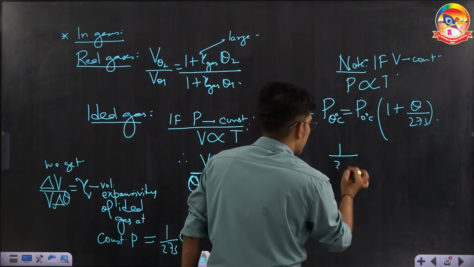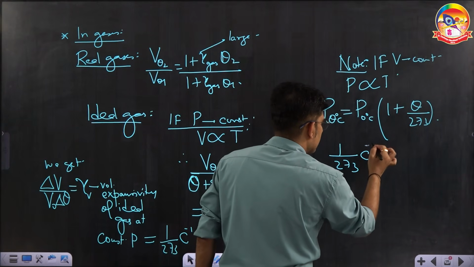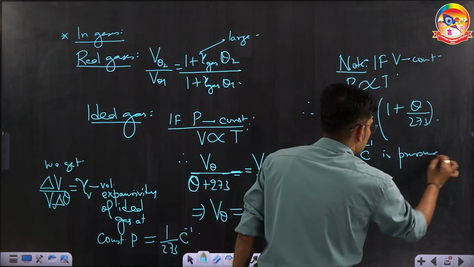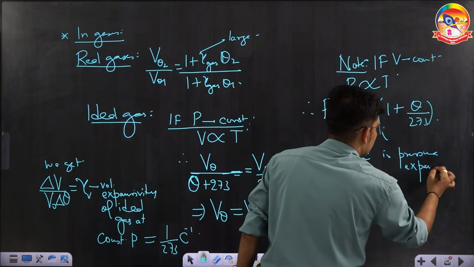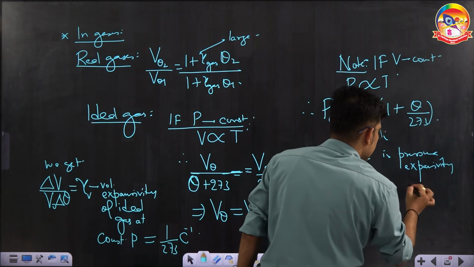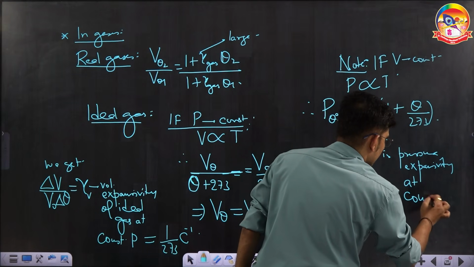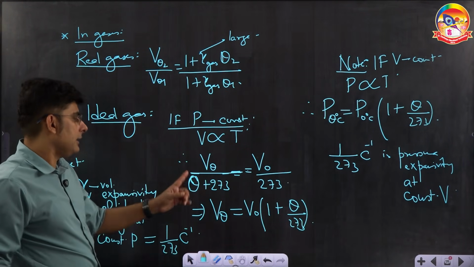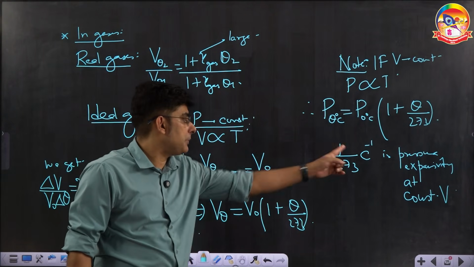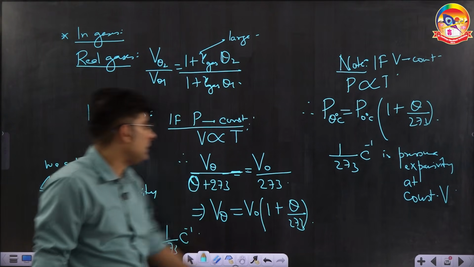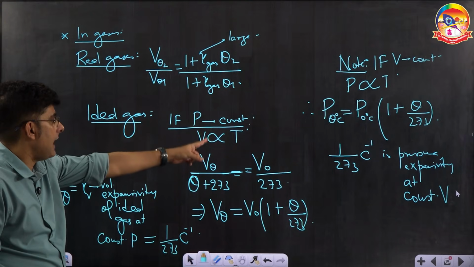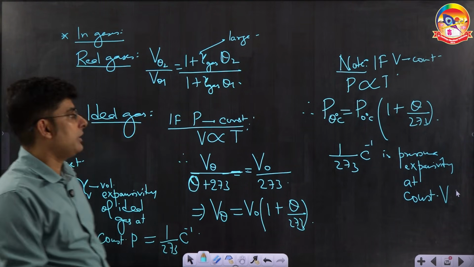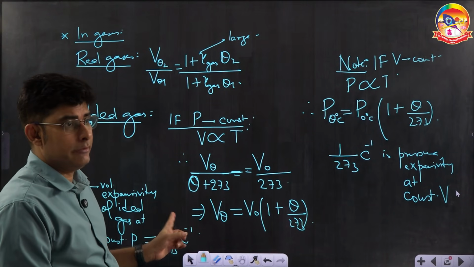So here 1 by 273 per degree Celsius is called pressure expansivity of ideal gas at what? Constant volume. So at constant volume, ideal gas has a pressure expansivity of 1 by 273, and any ideal gas at constant pressure has a volume expansivity of 1 by 273. These are two very important values.